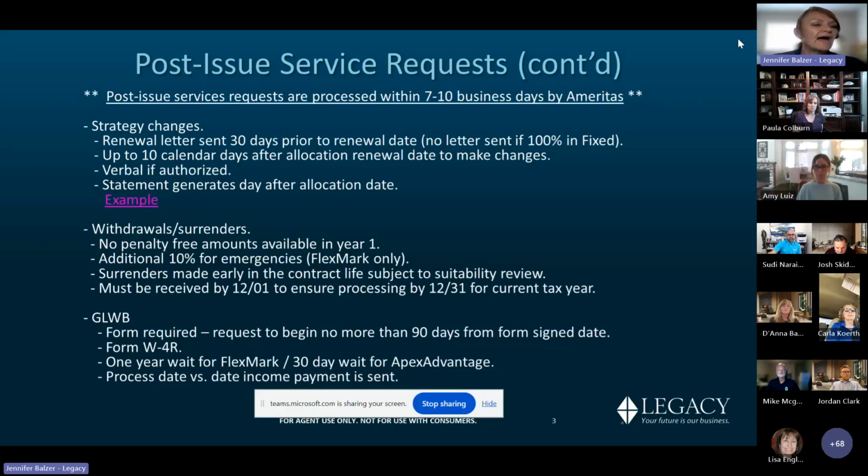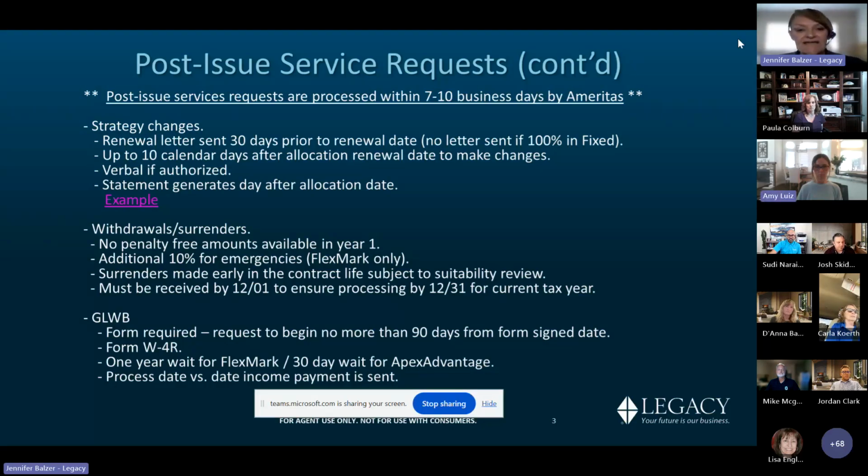For those of you that are selling the products with the intent of the client turning on the income rider in the future, we do have a form that is required. The form cannot be dated, cannot request income more than 90 days in the future.